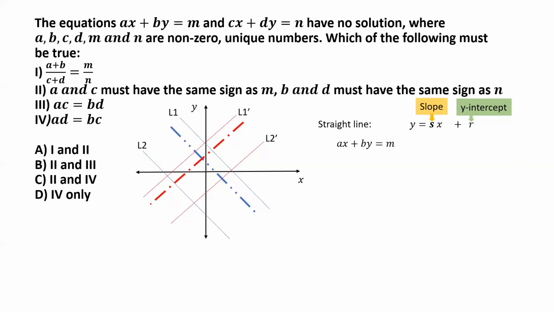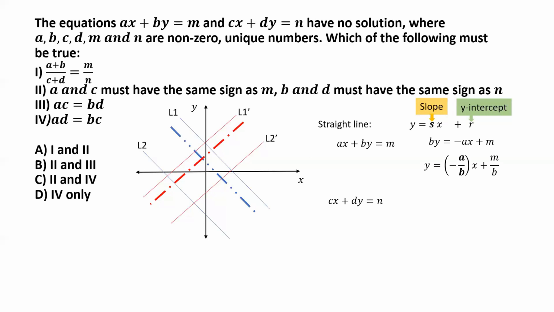Now we'll express the first equation in the form y equal to sx plus r so that we can determine the slope. It's pretty simple to do. We have by is equal to minus ax plus m, and from this we get y is equal to minus a by b multiplied by x plus m by b. So the slope of this line is simply minus a by b.